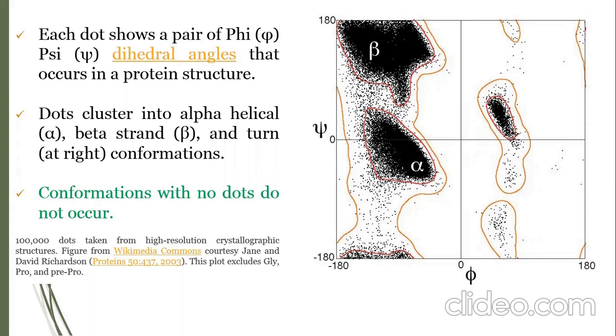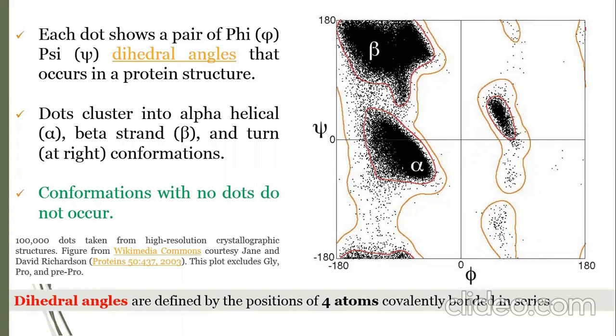Further, the dihedral angles are defined by the positions of 4 atoms covalently bonded in a series. We need to determine the position of 4 atoms, and those 4 atoms will give us the angles phi and psi.